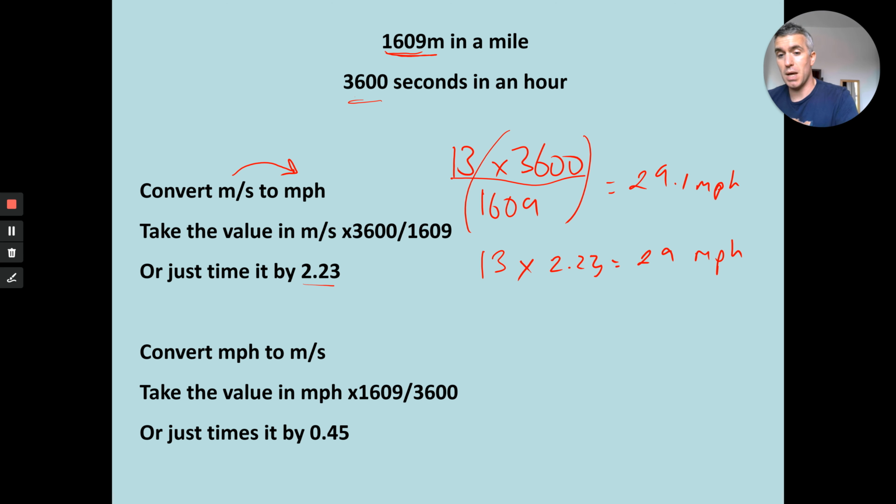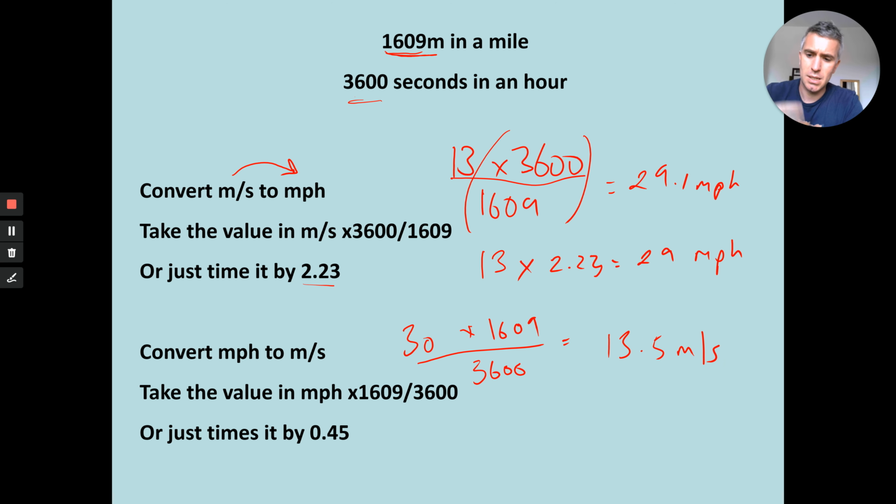If you're doing the other way, and we want to work out what 30 miles an hour is in meters per second, well, it's just kind of like the same thing, but upside down. You times it by how many meters there are in a mile, and you divide it by the number of seconds, which is about 13.5 meters per second.